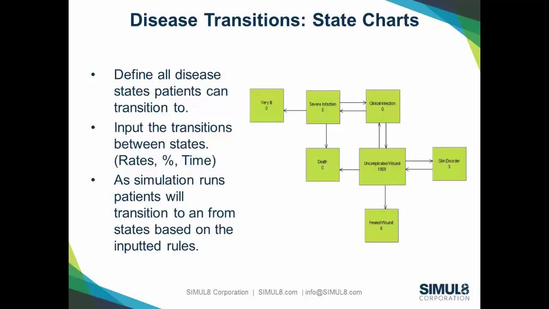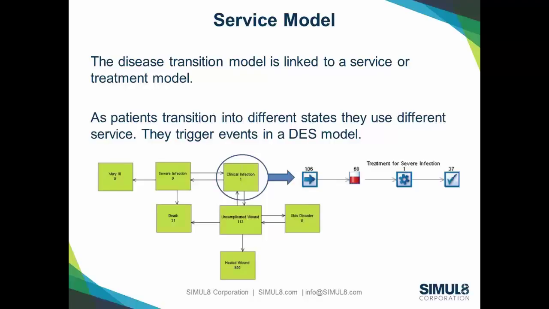And as soon as you move into a different state, then that new state triggers a different model. Now, we've just shown that in a very simple way there, but hopefully that explains quite simply how combining that disease transition model with the treatment model and a service model can help to combine those different areas.